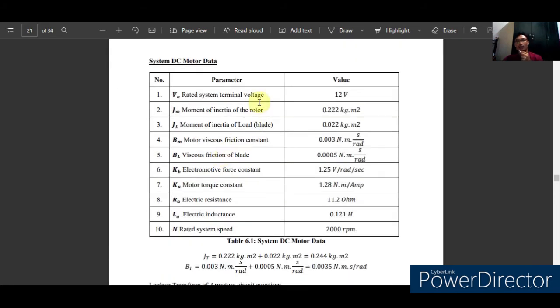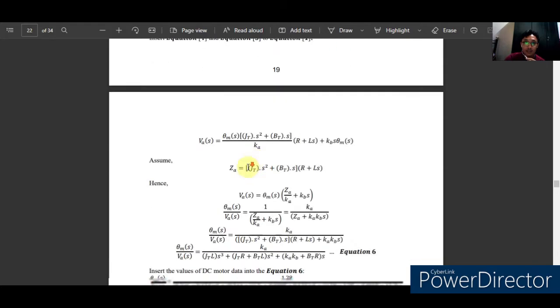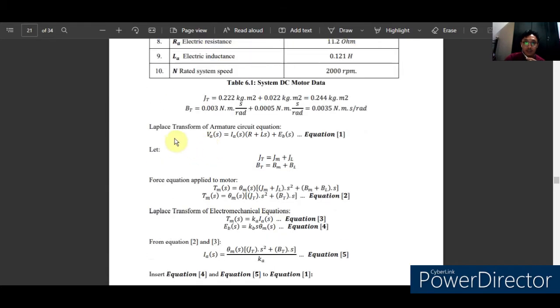Then after that we have to set the value of parameters just like this, for example the voltage is 12 volt and the inertia of the rotor is 0.222 kilogram meter squared. In order to find the transfer function, we have to do the Laplace transform of the armature circuit equation.